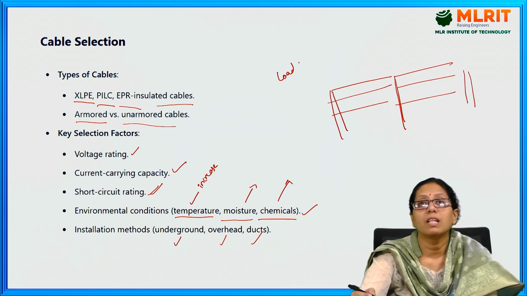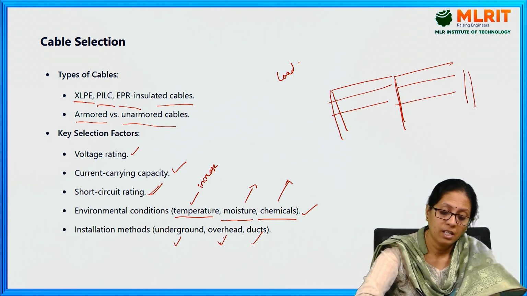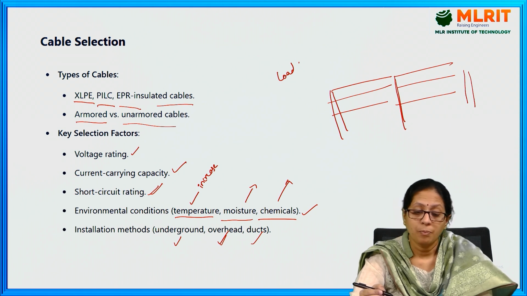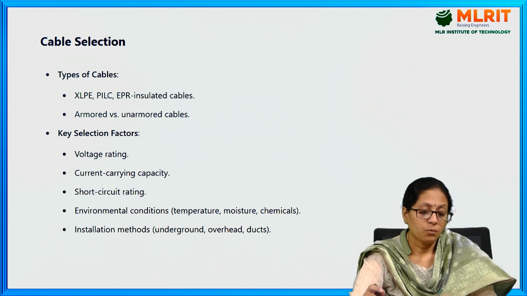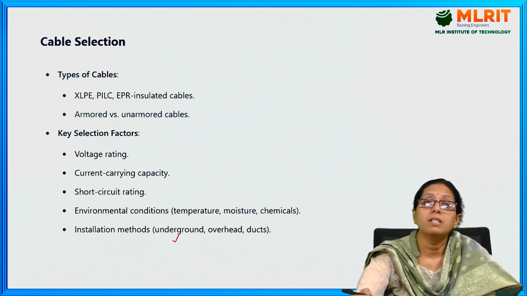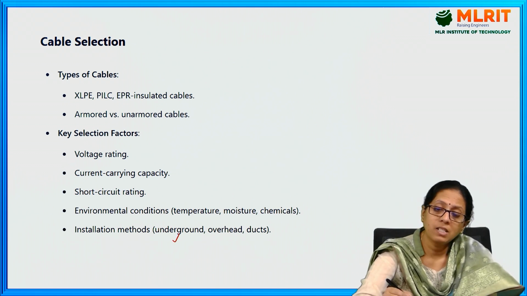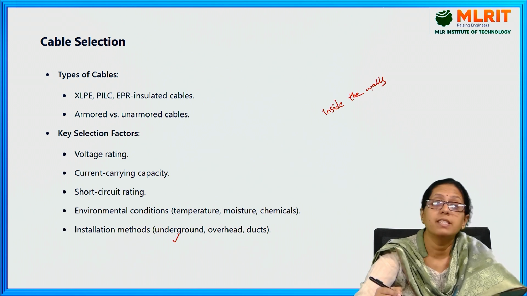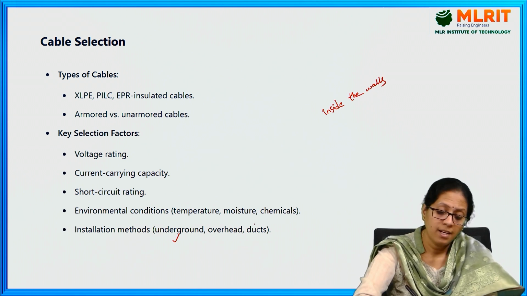So these are nothing but the overhead cables. And sometimes we will connect underground cables also. Ducts means inside the walls. Inside the walls you will call it as ducts.